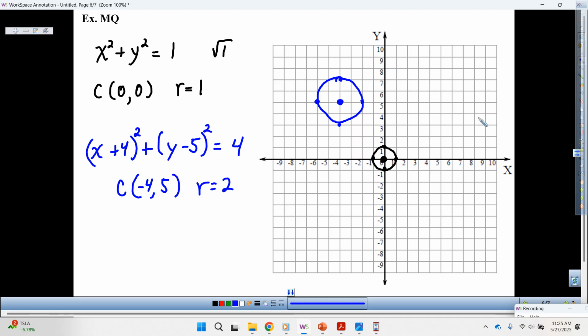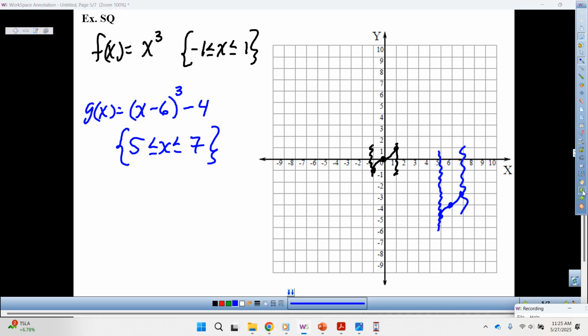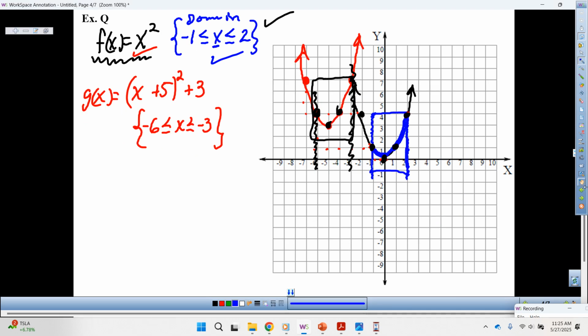How are we doing? Pretty good? Yes? Now, before I move on to the last one that we do together, look up. We started with x squared, and we got these. Question. What would happen to this blue one if I did this? Tell your neighbor, what would happen to that blue one if I did that?